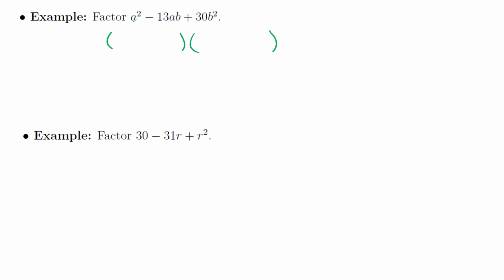if a squared is my first term here, then that has to be produced by a times a. Now, 30b squared. If it was just 30, then you would start listing possibilities like 1 times 30, 2 times 15, and so on, right? Those would be what you'd list. But in this case, you have 30b squared.